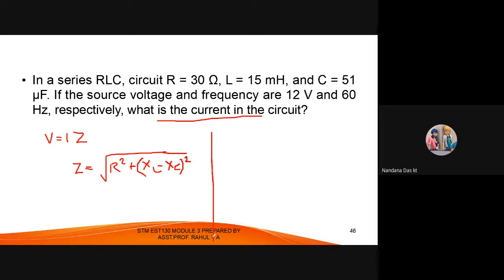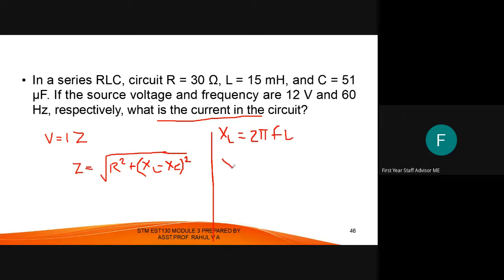Sir, XL is equal to 2 pi F L. അതെ, 2 pi F L. Okay.